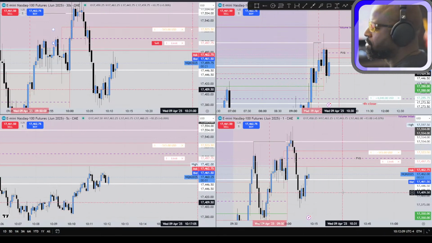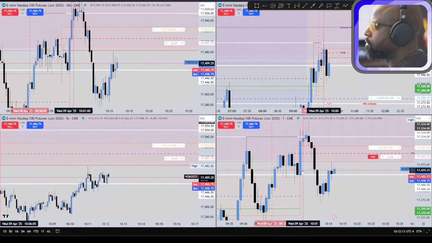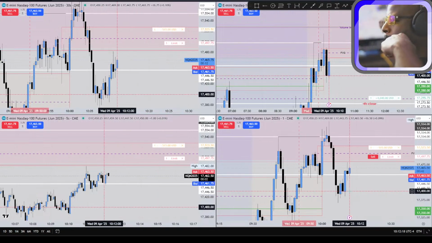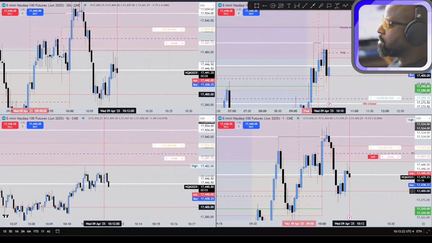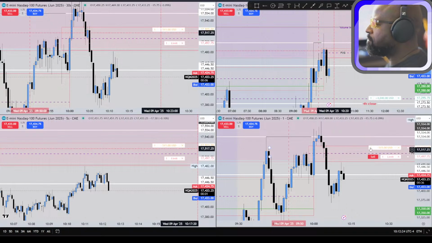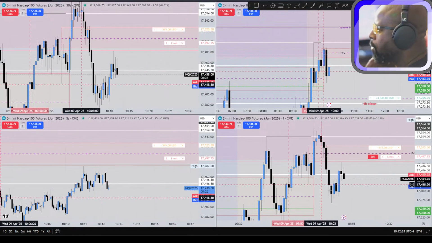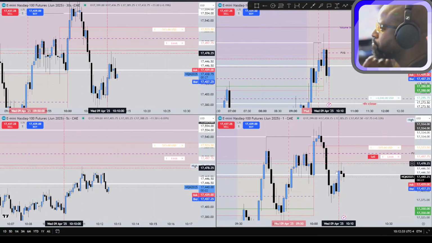This looks like a market structure shift to me. A low and a lower low. Will we get a higher high? We have 2 minutes and 40 seconds left in this candle. Will we receive the higher high validation, or will we just go low, lower low with the imbalance here?